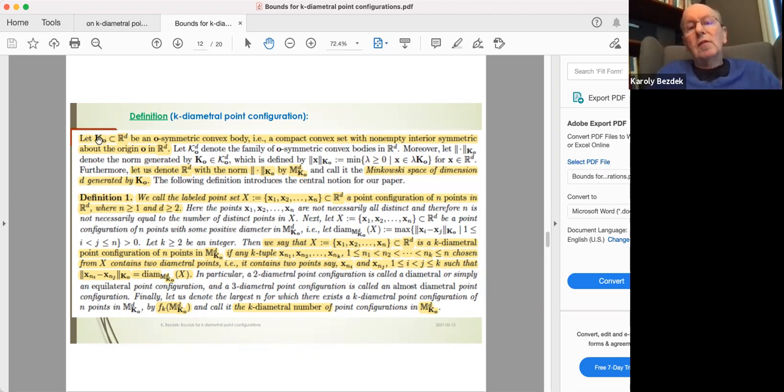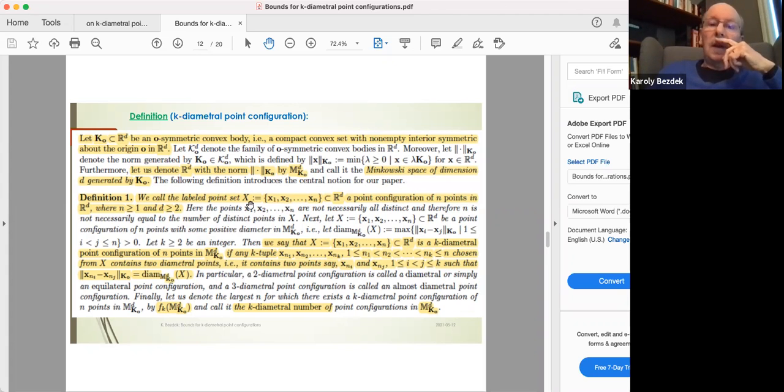And I denote this unit ball by K_0 here. And then we can talk about k-diametral point configurations in a d-dimensional Minkowski space.